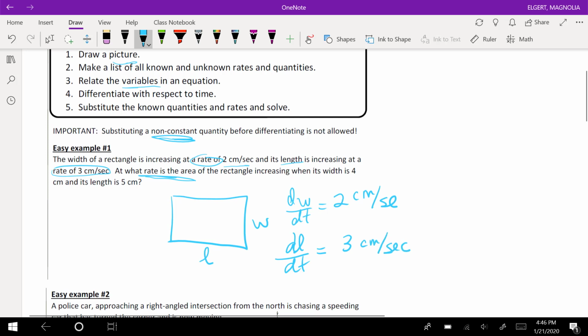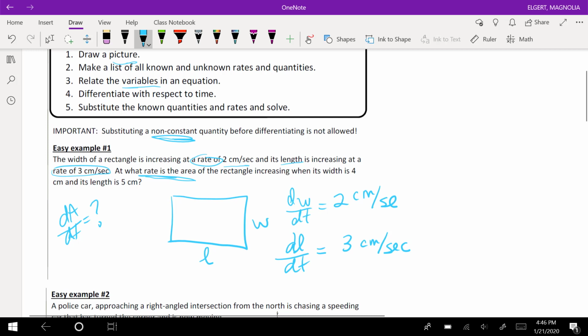And then I want to know at what rate the area is changing, so I don't know dA dt, that's what I'm looking for. And it says when its width is 4 centimeters and its length is 5 centimeters. So those are not constant. Those could be anything. So hopefully you drew smaller than I did because I kind of made a mess of this.